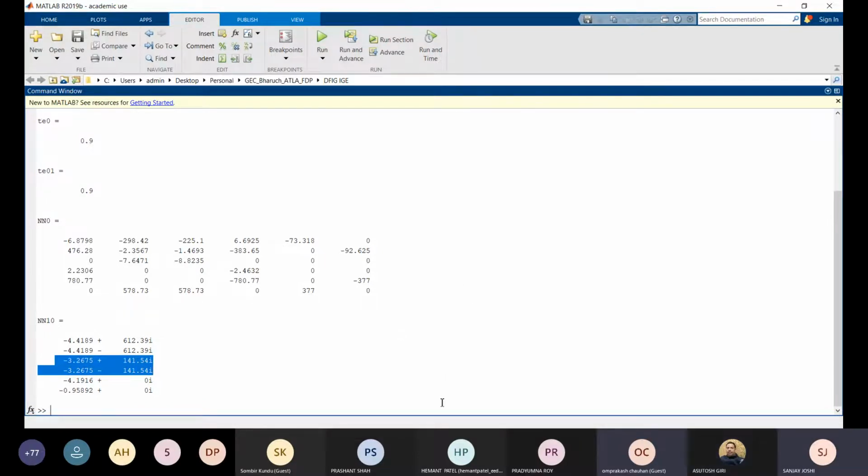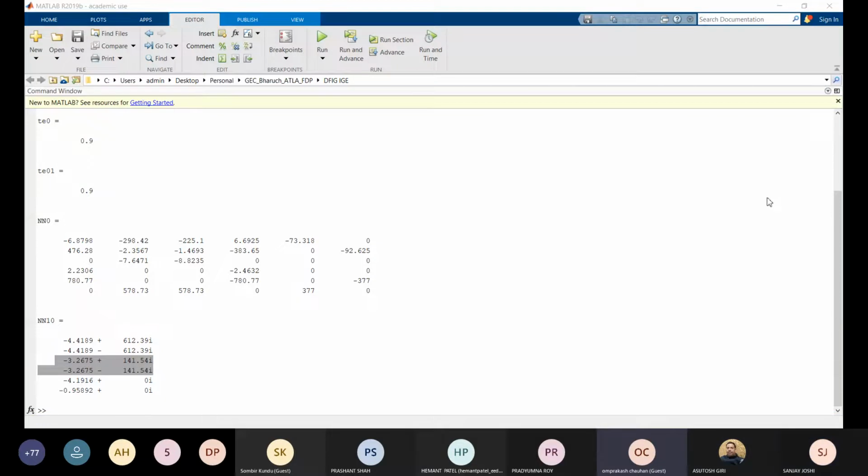See, the system which we are simulating is this one, right? There is no mechanical dynamics. My point here is that this program is working very nicely, giving accurate results. The same results are there in K.R. Padiyar's book also.